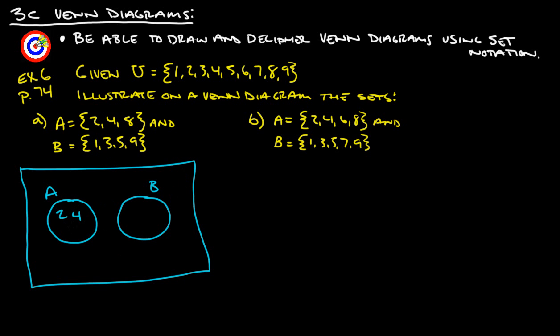So we've got in set A, 2, 4, and 8. In set B, we've got 1, 3, 5, and 9. Okay, and then if you look at our universal set, we're missing, let's see, we've got 1, 2, 3, 4, 5. We don't have 6 or 7, so we've got to put 6 and 7 out here somewhere.